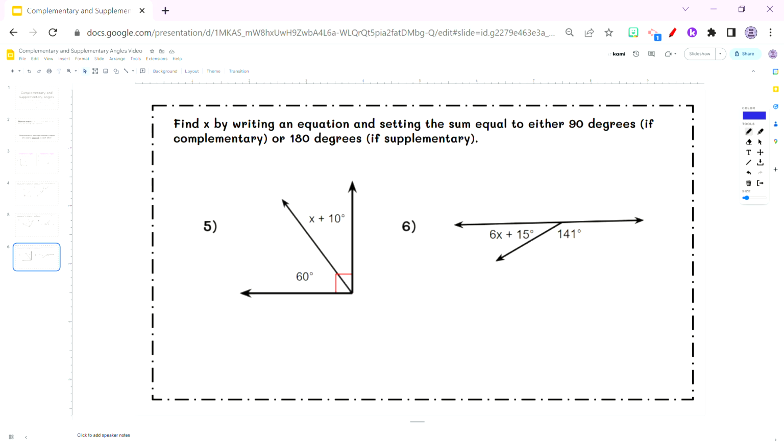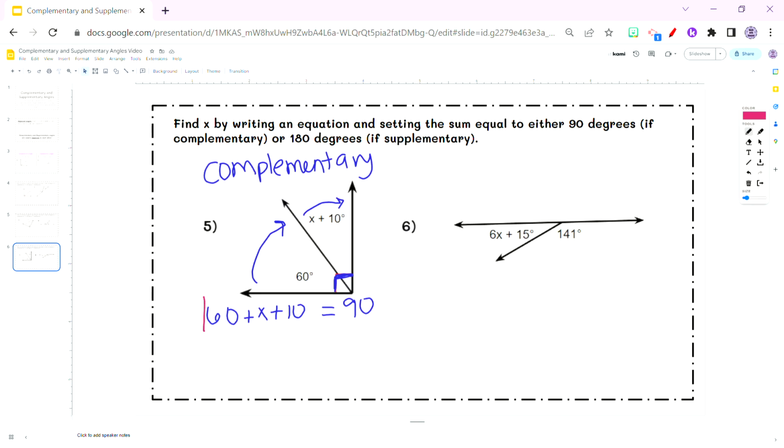So the first set of angles here, you'll notice the little box, and that box means that they are complementary, which means they add up to 90 degrees. All right, so the first angle is 60 degrees, and the second angle is x plus 10. Before we start solving, we are going to combine like terms.